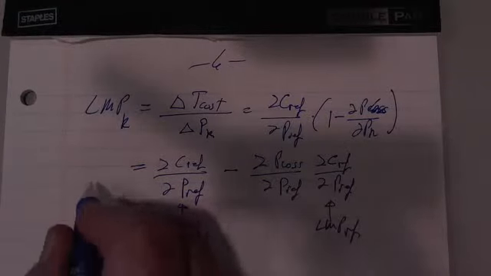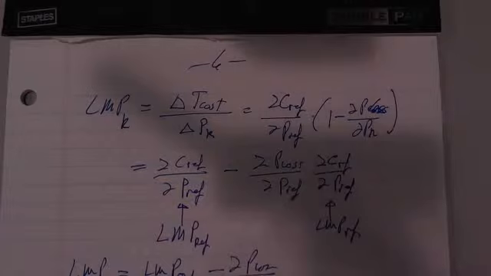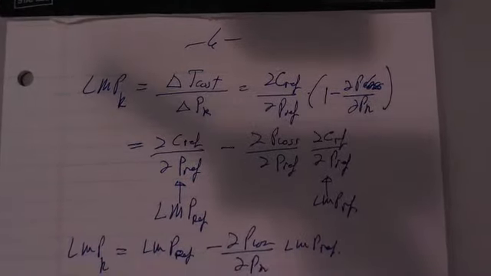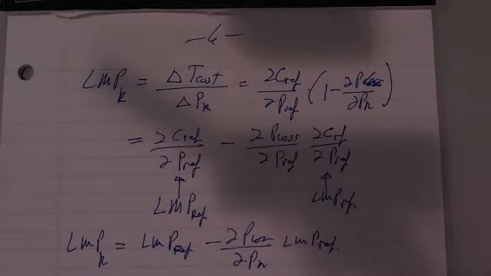So we can say then that LMP at K is LMP reference minus dP loss dPk times LMP at the reference bus. Now that's one of the fundamental results of this thinking, and it's a very important result.